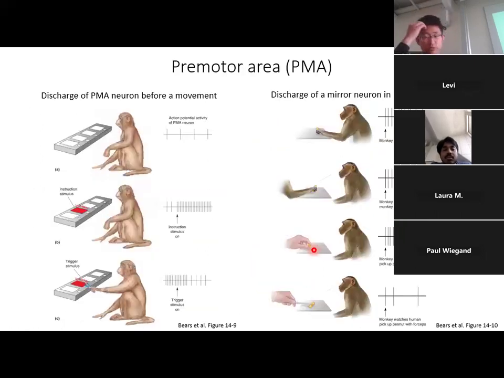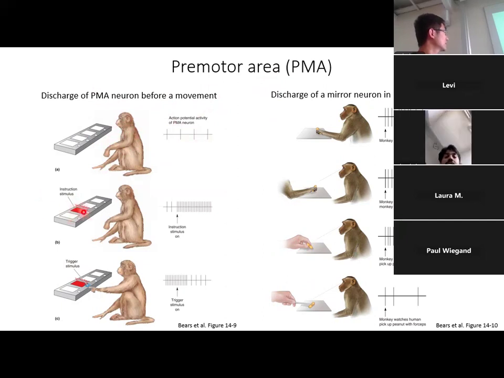Okay, so let's come to the next, the premotor area neurons, which have a different feature from the M1 neurons. M1 neurons are directly related to movement production. But here, mostly we do this kind of experiment in monkeys. If we record PMA neurons, before the movement there's almost nothing.